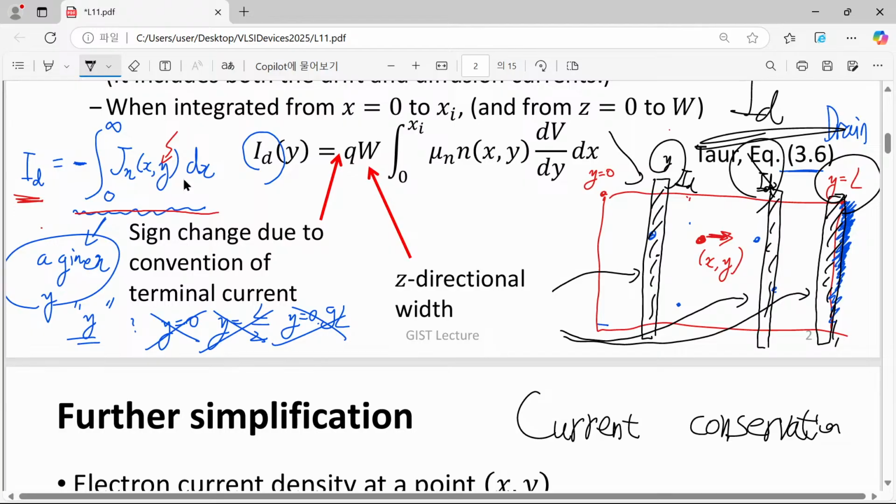But this kind of time dependent behavior is not considered in today's lecture. Simply speaking, we are just considering DC condition, steady state condition. So in this steady state condition, everywhere we must have exactly the same amount of current.